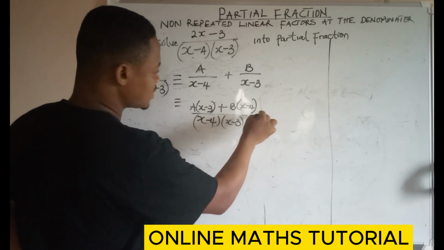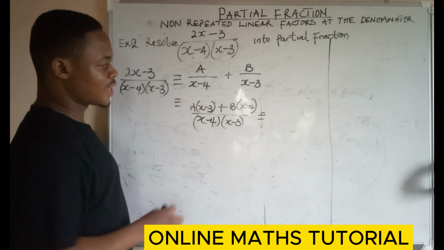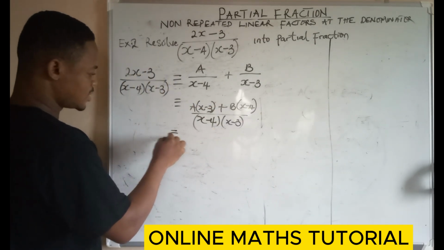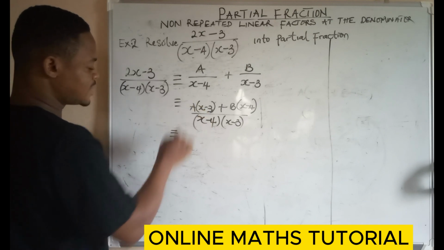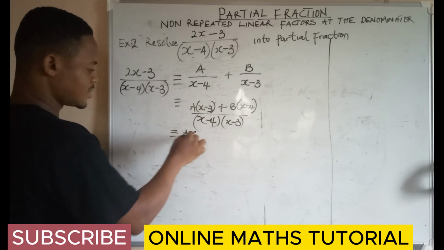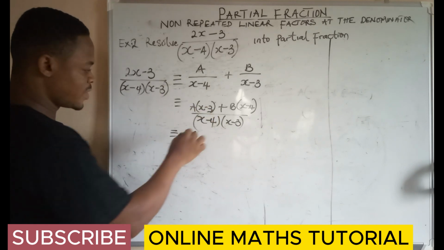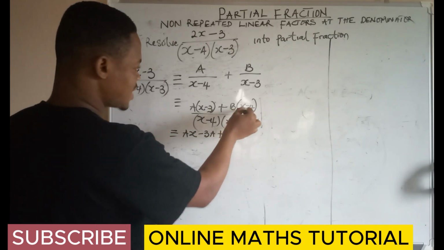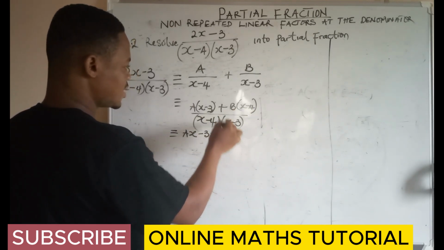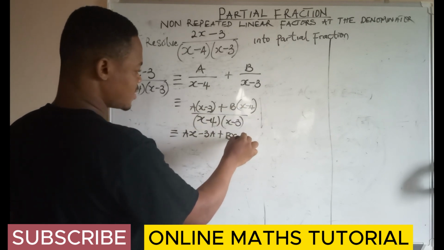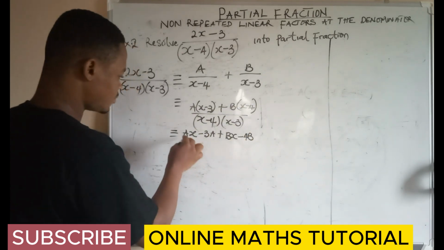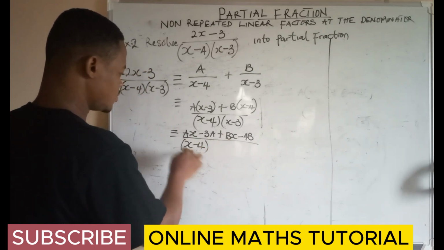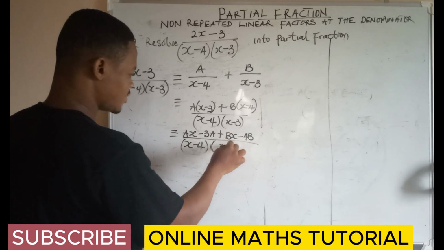If we open up the bracket, this is equivalent to A times x, which gives Ax, A times minus 3 gives minus 3A, plus B times x gives Bx, and B times minus 4 gives minus 4B, divided by (x minus 4) into (x minus 3).